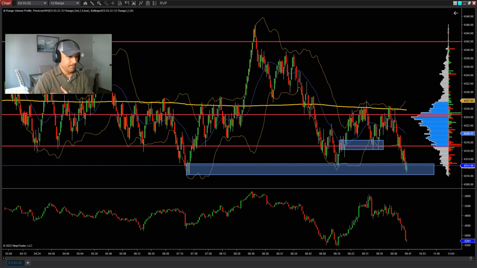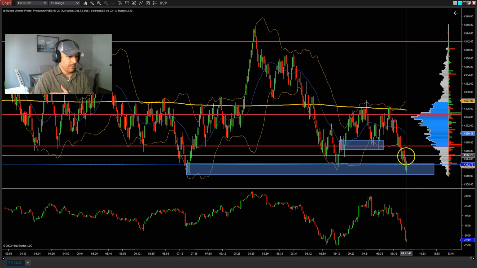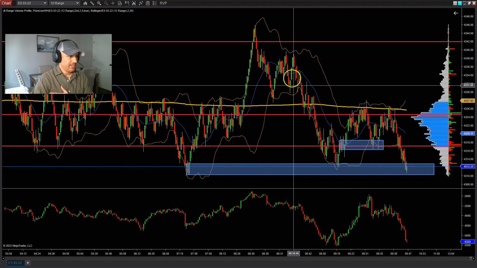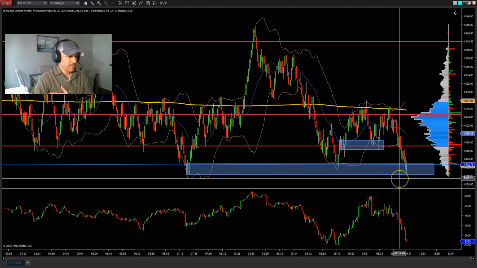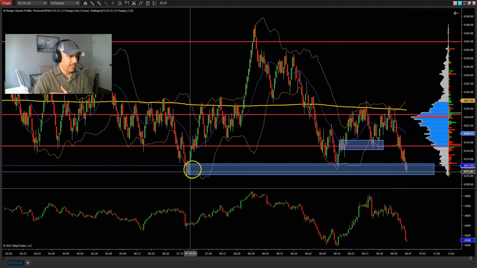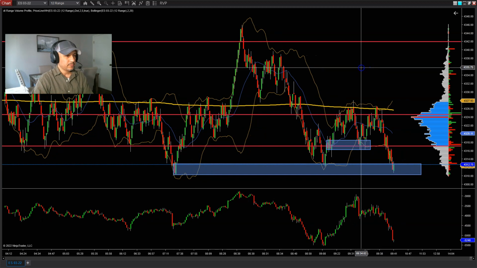We can bounce here and come up to this area here. Kind of chilling to the downside right now. Took out this little low right here, but you've got support right here, so be careful.